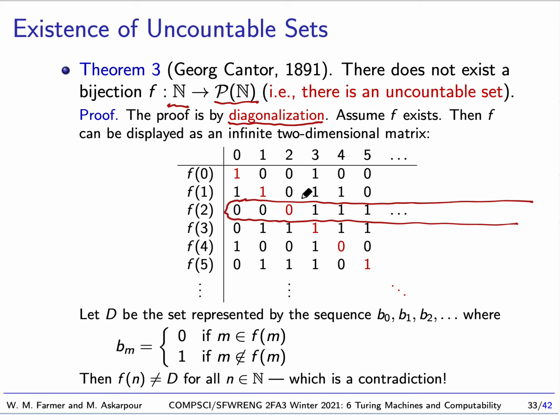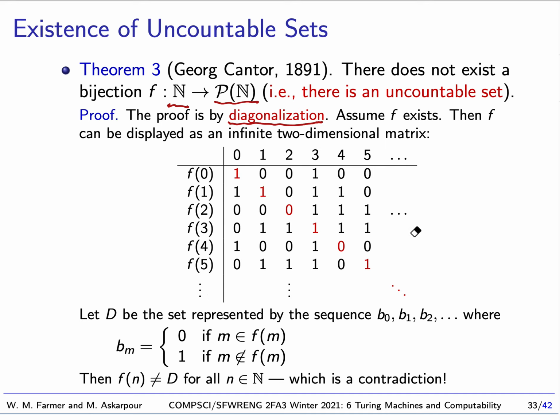There's a 0 here, 2's not in the set. There is a 1, so 3 is in the set, 4 is in the set, 5 is in the set, and so forth. So each line describes what these sets are. Okay, so we're assuming we have this bijection F, and every possible subset is listed in this big matrix.